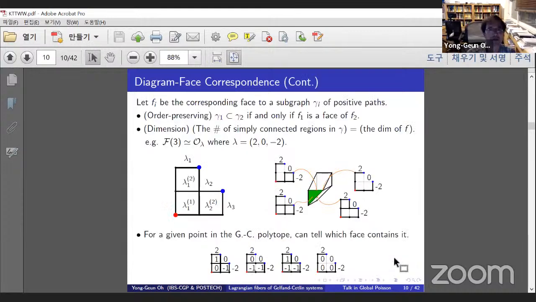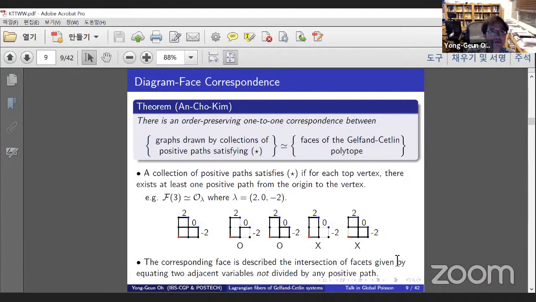So let me continue here. If F be the corresponding face to a subgraph of these positive paths, you look at this order-preserving correspondence.